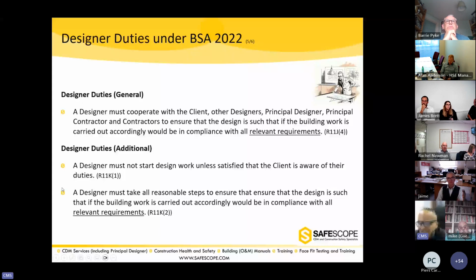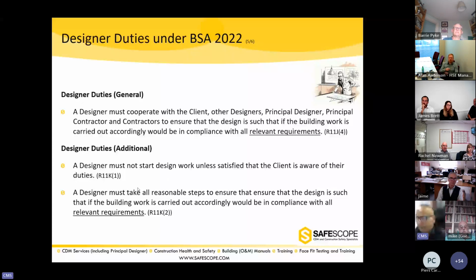Now, what are additional duties? In fact, the main duties of designer. A designer must not start design work unless satisfied that the client is aware of their duties. So they have to make the clients aware.